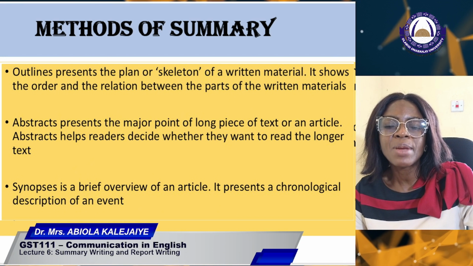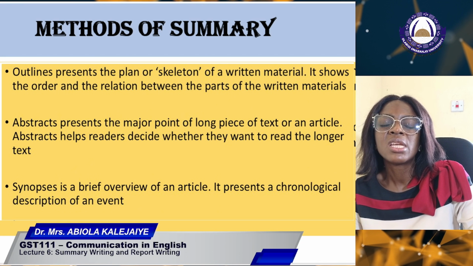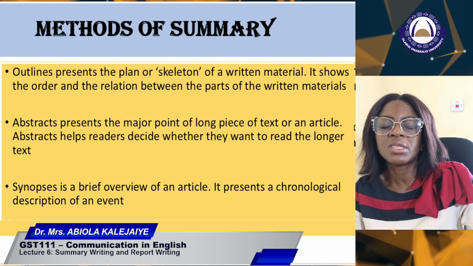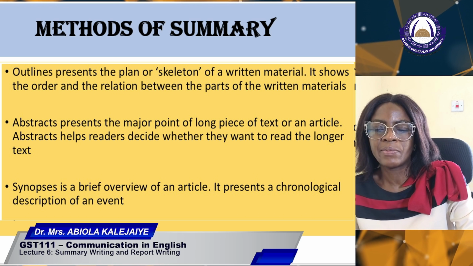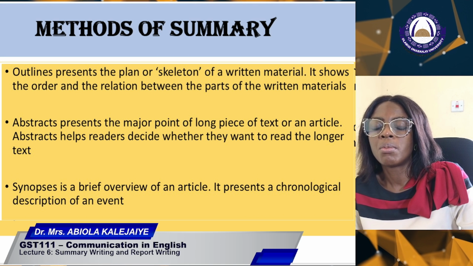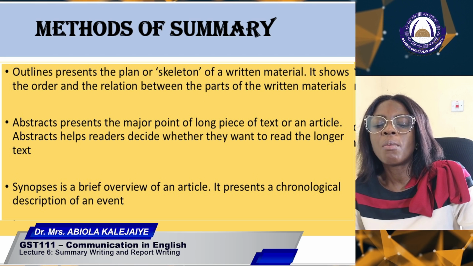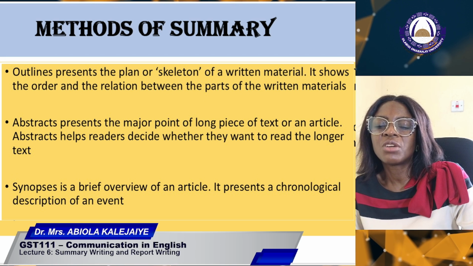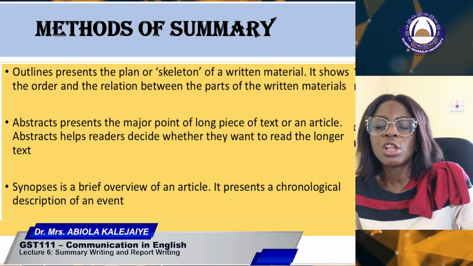Okay, the next method of summary writing is what we call the synopsis. We talk about the synopsis. The synopsis presents the article in a brief form. Another thing you have to know with synopsis is that the presentation of ideas is in a chronological way.